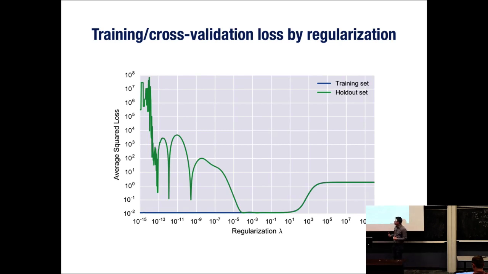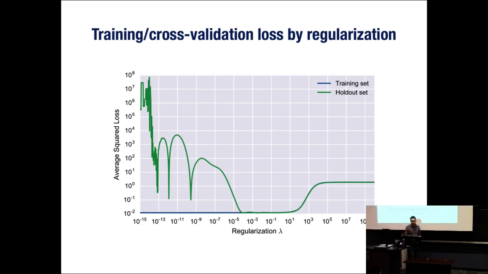So the idea of choosing a good lambda, just like we did for choosing polynomial degrees, is that there's some sweet spot where you want to choose lambda in this range, such that you actually get reasonable performance on both the training set and the holdout set.